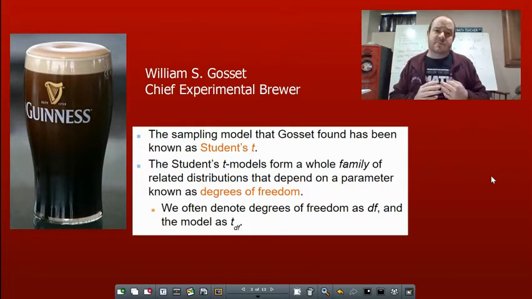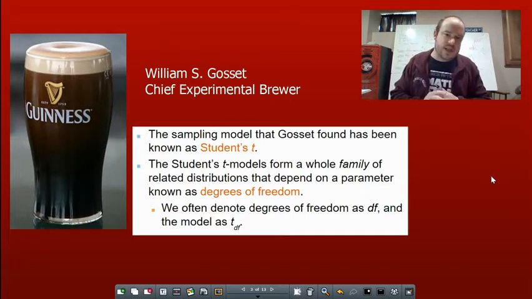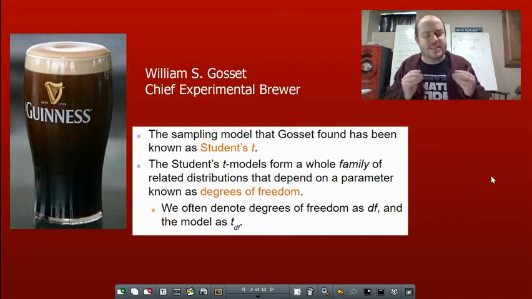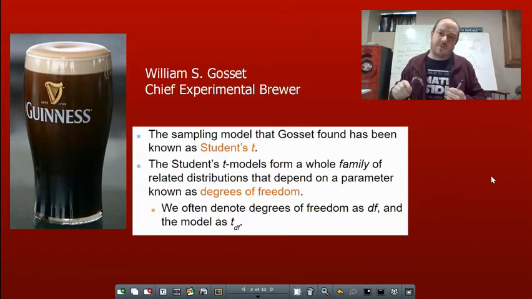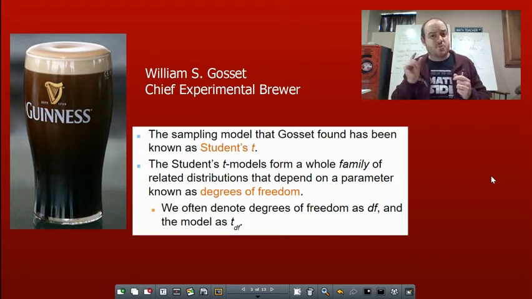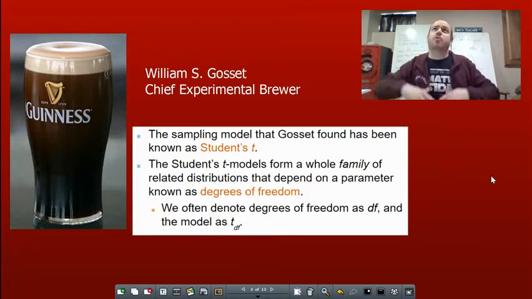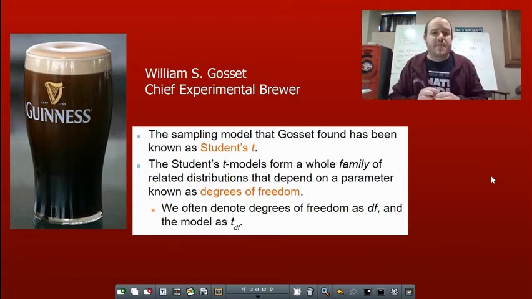So he created something after doing a bunch of studying called the student's T distribution. Now, this is very similar to our normal curve that we get from the sampling distribution. The difference here is that because the sample sizes are sometimes so small, instead of just being one normal curve that we use every single time, it actually ends up being a whole family of normal curves that change based off of your sample size.